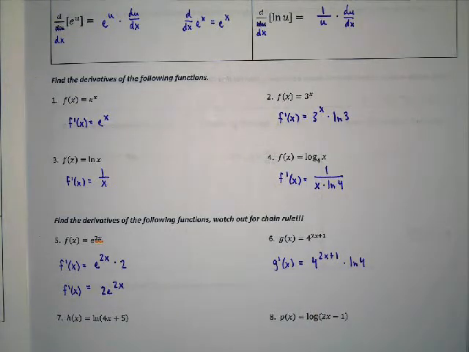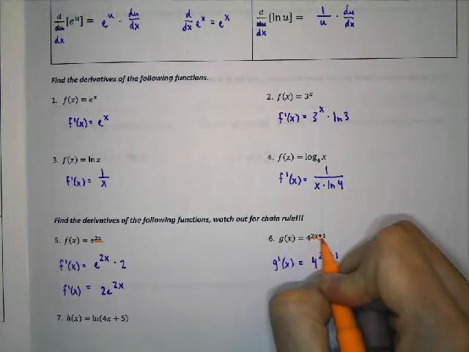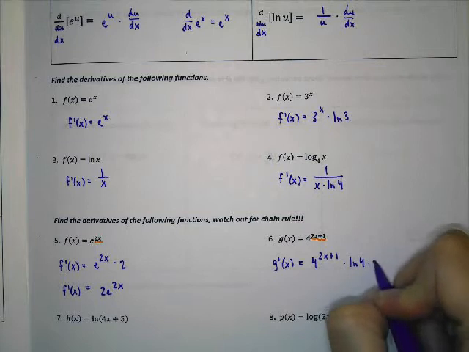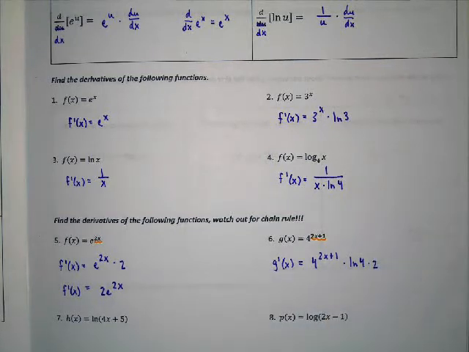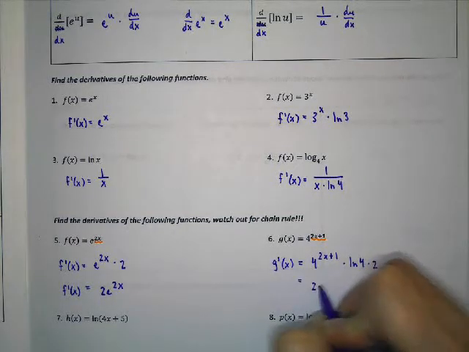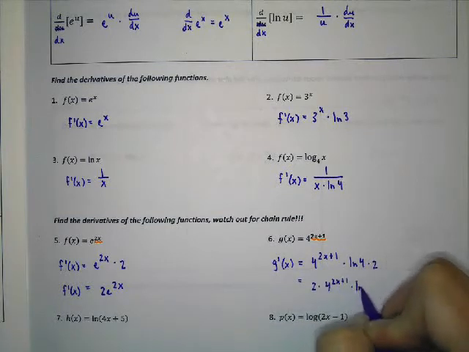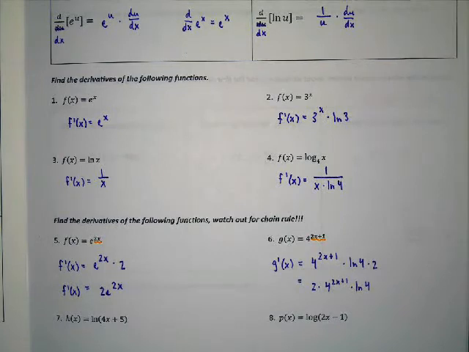And now I have to multiply by the derivative because of this right here, which is going to trigger the chain rule. So I'm going to multiply by 2. So what I have is 2 times 4 to the 2x plus 1 times the natural log of 4.